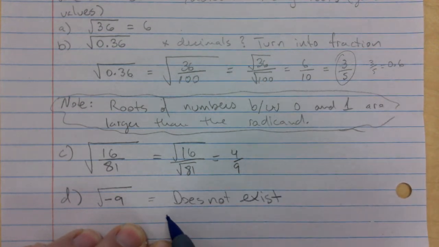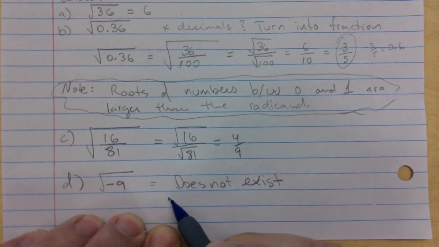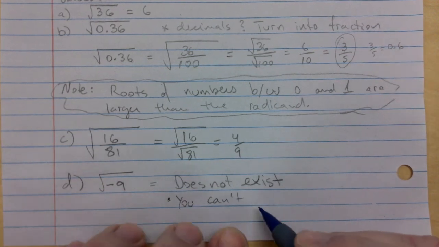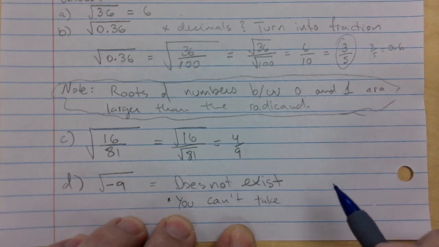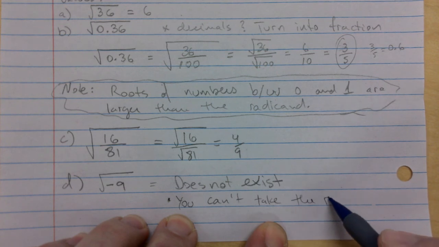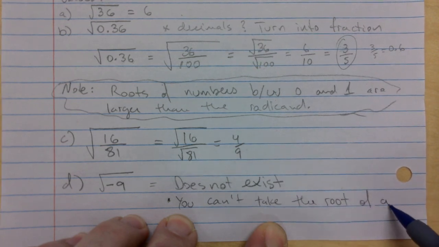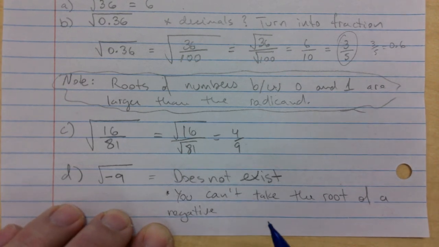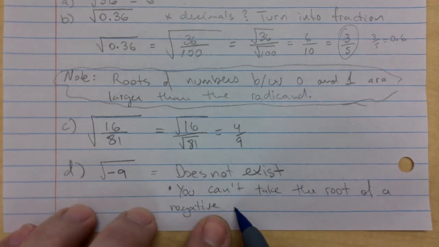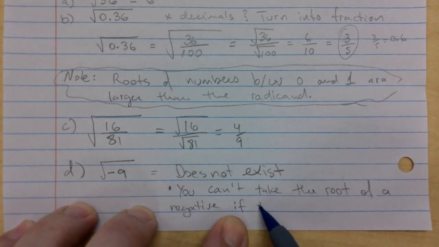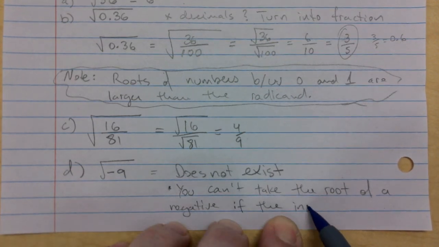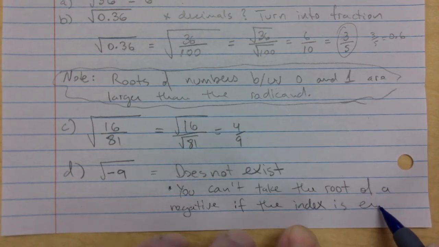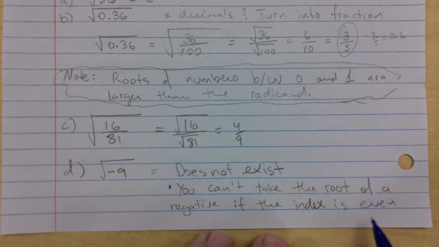And here's a big note, which is going to be important for the rest of the unit, right? You can't take the root of a negative if the index is even, right?